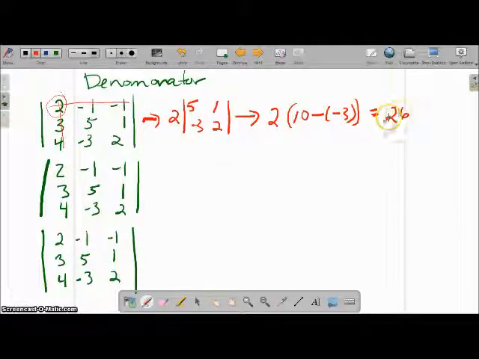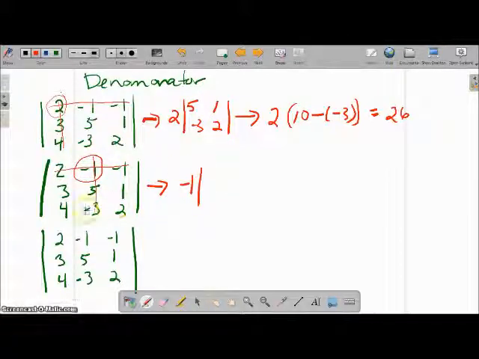Now hold your horses. I'm going to tell you what to do with that in a minute. When we come to this one, you notice I rewrote this determinant 3 times. You don't have to do that, but I think it makes it a little bit easier when I'm explaining it. The second part of this algorithm is you mark through your first row and second column. And notice we have a -1 right here. That's what's going to go right here, -1.